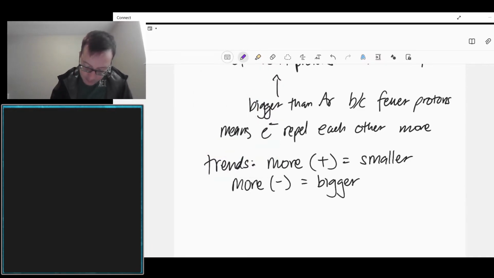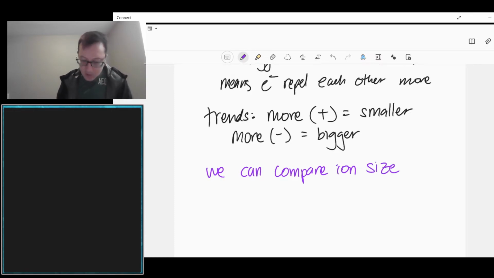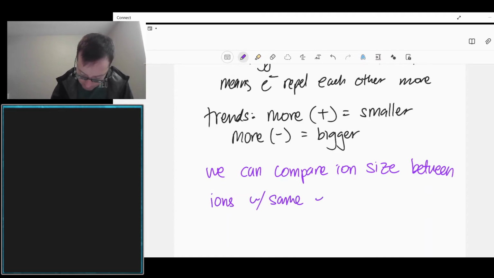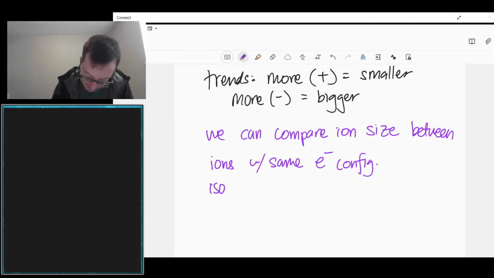So just to keep us aware, we can compare ion size between ions with the same electron configuration. We call this an isoelectronic series.